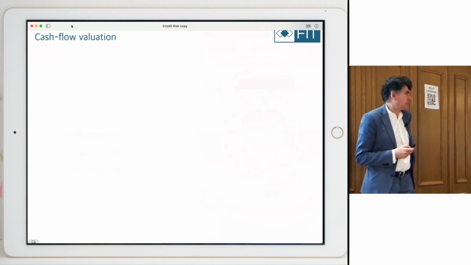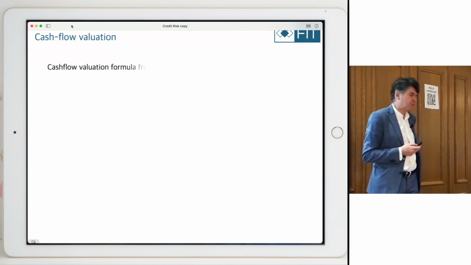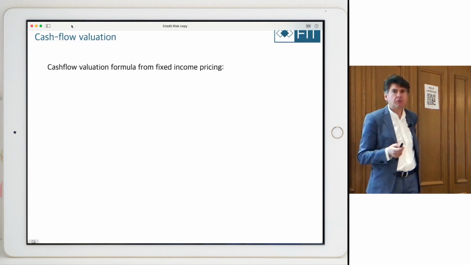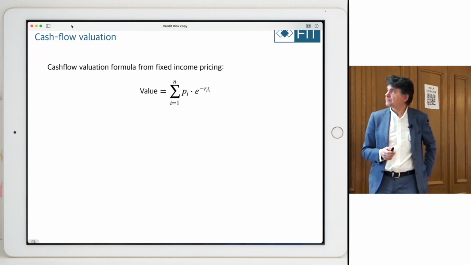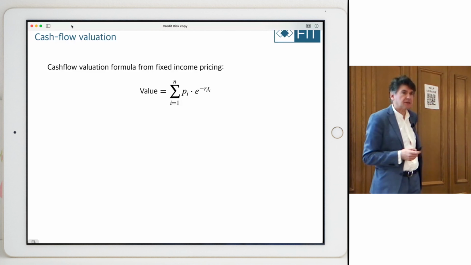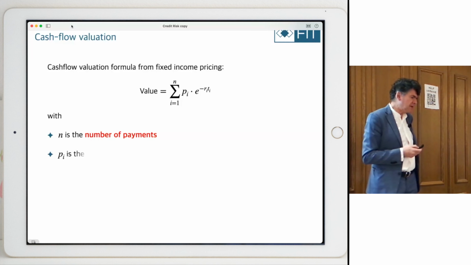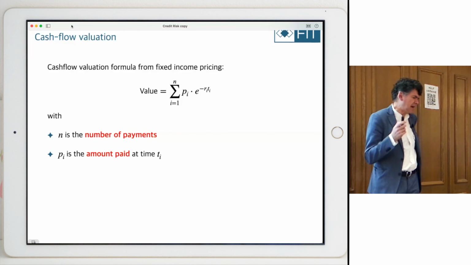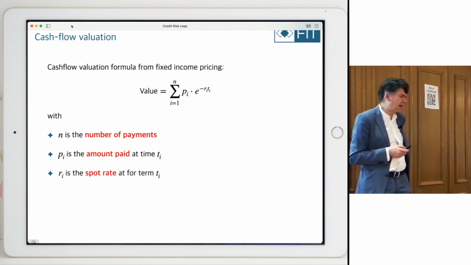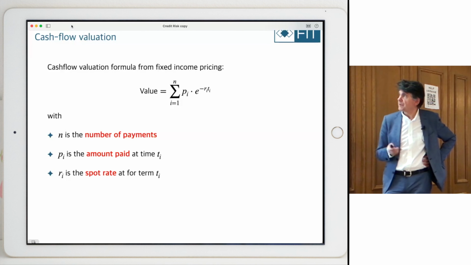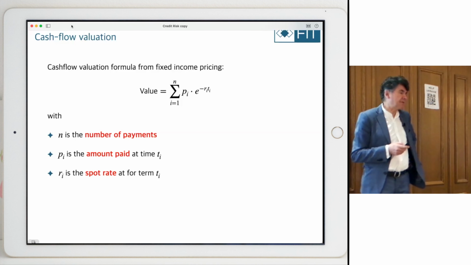Cash flow valuation. We saw this the first day of classes. I'm going to do it all over again, but very quickly this time. If I have a series of cash flows denoted by the letter PI here, end payments denoted by the letter M, and interest rates given by the letter R, the value of my cash flows is given by that expression.